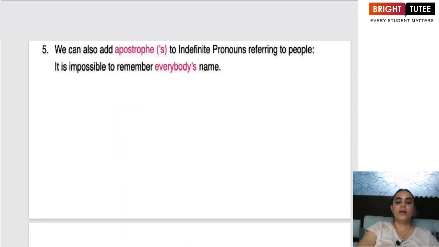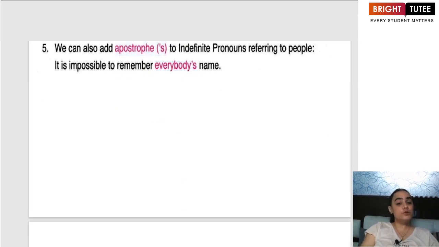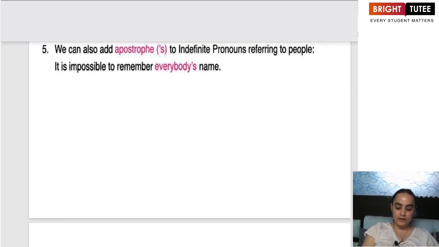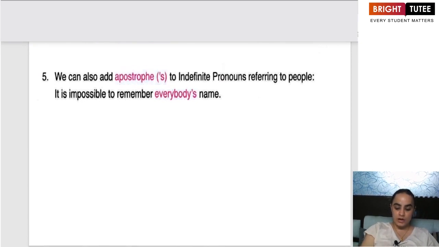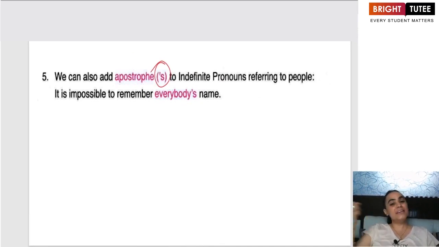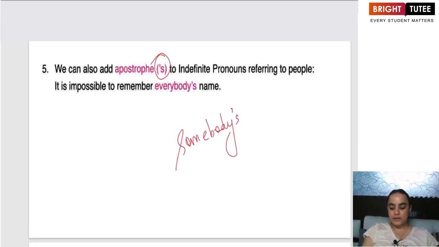Then we can add an apostrophe to the indefinite pronouns when they are referring to people. We use an apostrophe when we are talking about the belongingness of something, right? So everybody's name, somebody's. If I give you an example, this is somebody's chair.